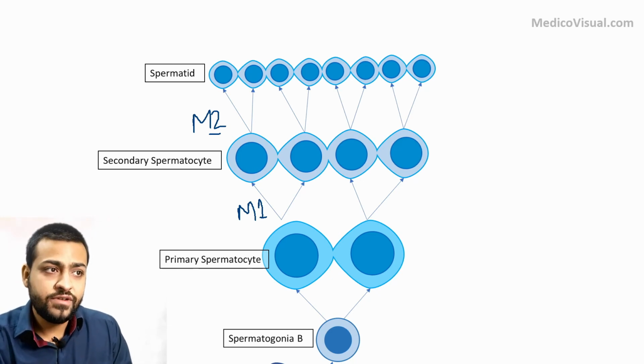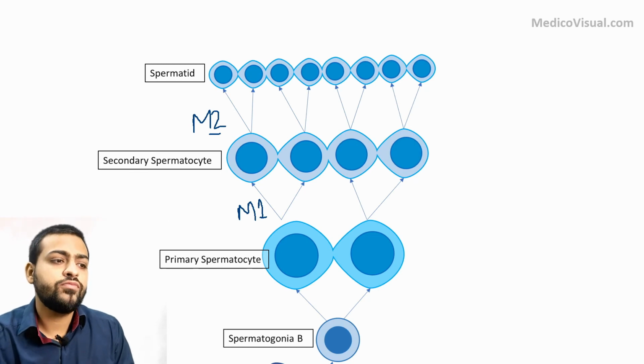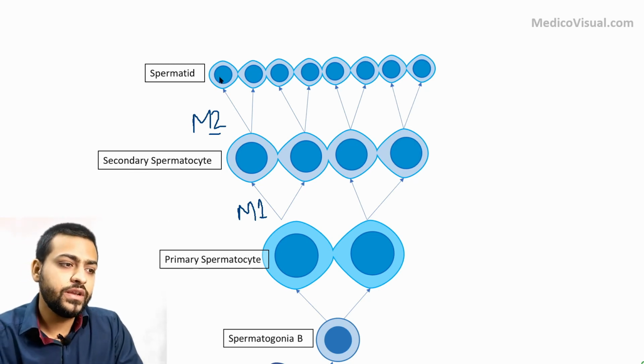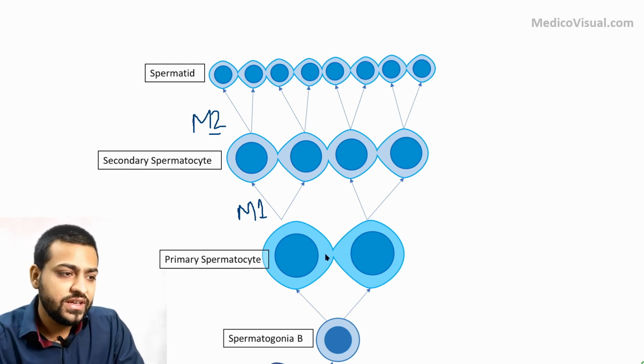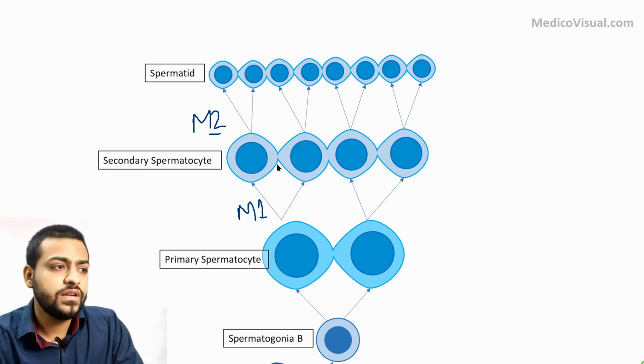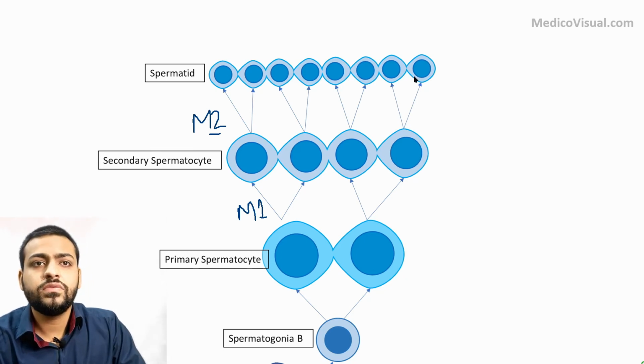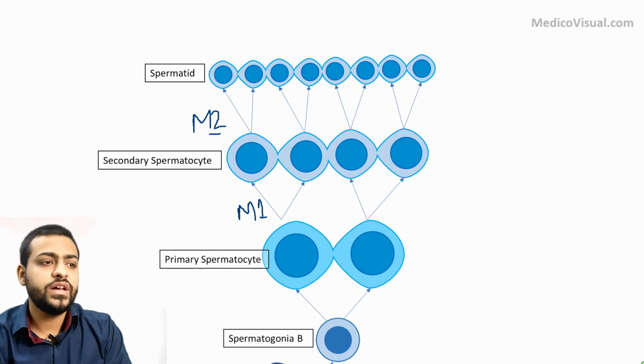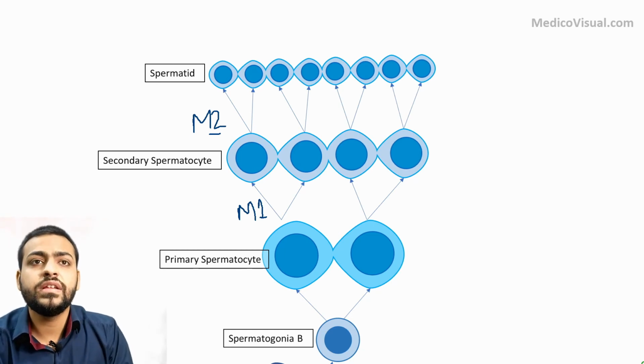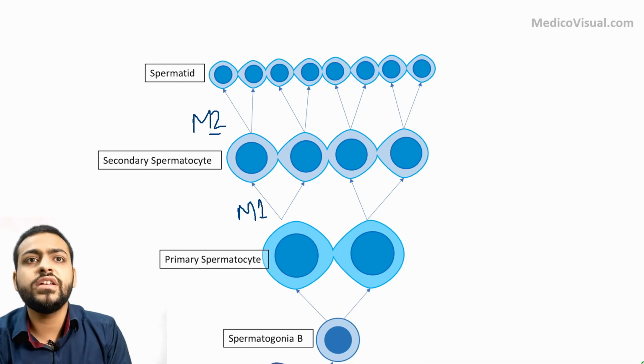Here I would like to highlight a few important points. Number one, you must have noticed that these cells are not fully separated from each other, right? You can see there are bridges present here. So why are these bridges there? Why are these gaps in between these cells? Why are they still connected to each other?